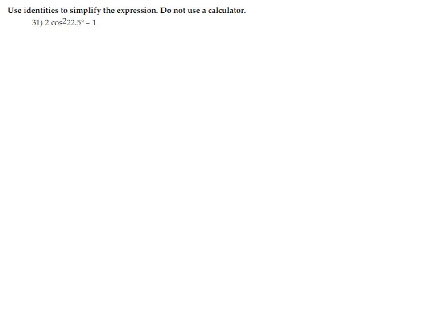Alright, I see a couple of things here. First off, I see 2 cosine squared x minus 1. This is an identity. Now the identity that this reminds me of is the cosine double angle formulas. Let's see, cosine of 2x is cosine squared x minus sine squared x.